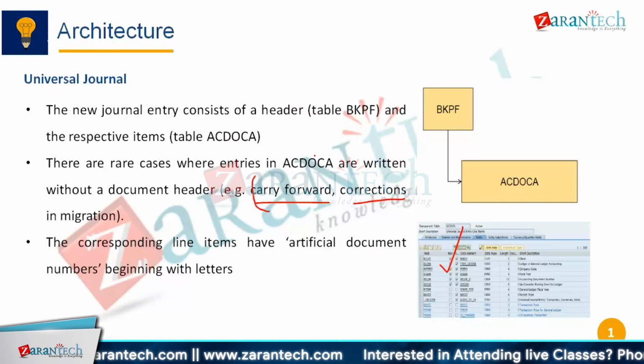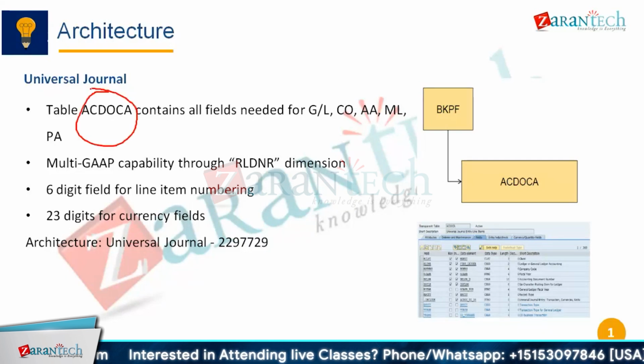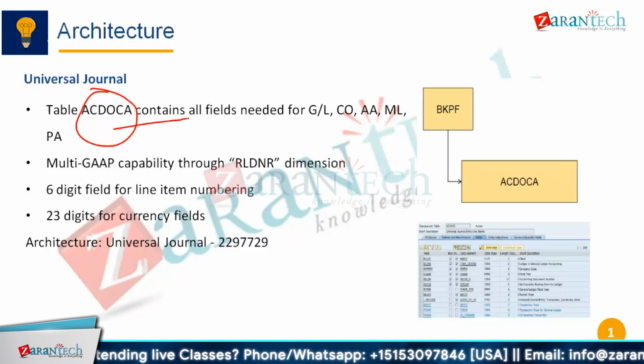So we can find the data from GL, CO, AA, ML in a single source of information, single source of truth, the ACDOCA table, which they introduced in the S/4HANA system and which does not exist in your ECC system.